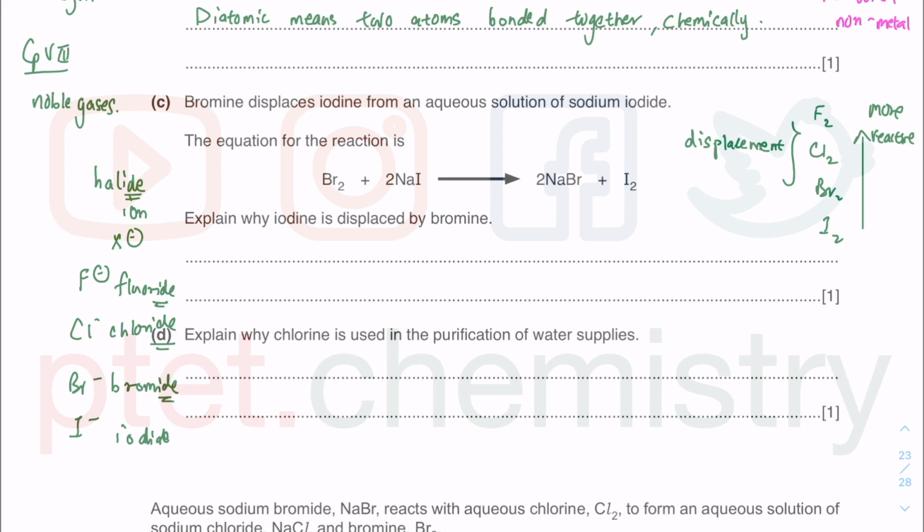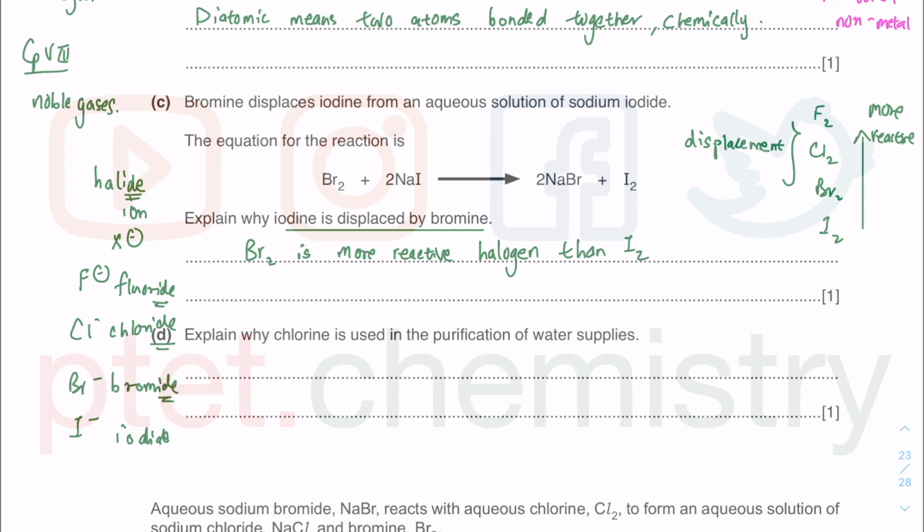Now, why is iodine displaced by bromine? Bromine is above iodine in the reactivity series, well, when I say reactivity series, I mean in terms of group 7. So bromine is a more reactive halogen molecule than I2, or Br2 is above I2 in the periodic table.